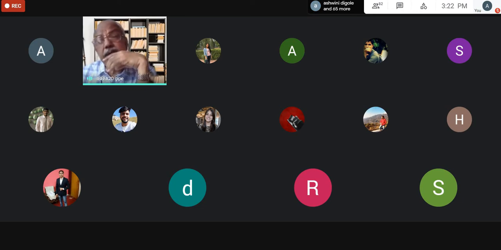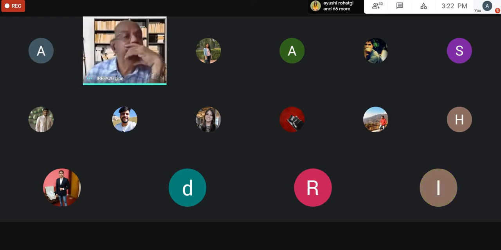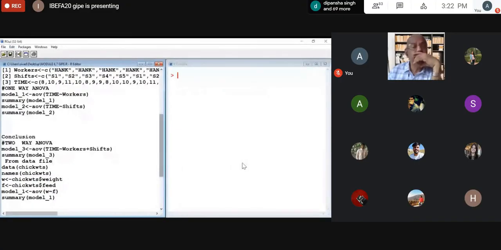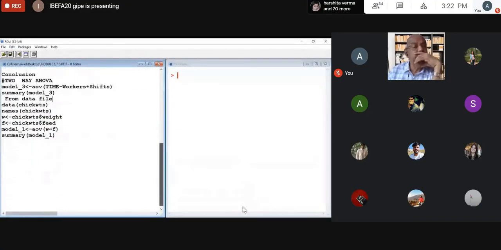Like every other problem we have done, first read the data from the file. The name of the file here will be chick weight.